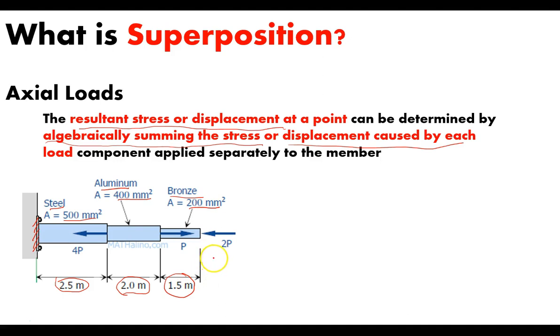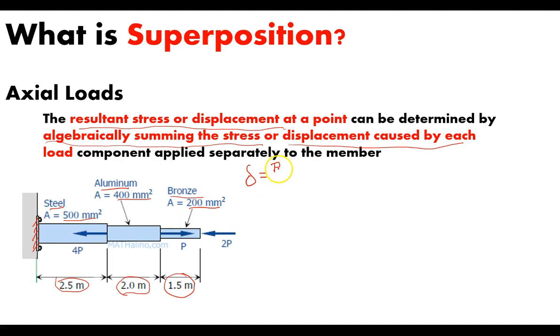Now, hopefully this starts looking a little familiar when you consider we're talking about displacement. We also have various loads. We've got a load of P on the aluminum segment, going into tension. We've got 2P going onto the bronze, and we have 4P working on the steel.